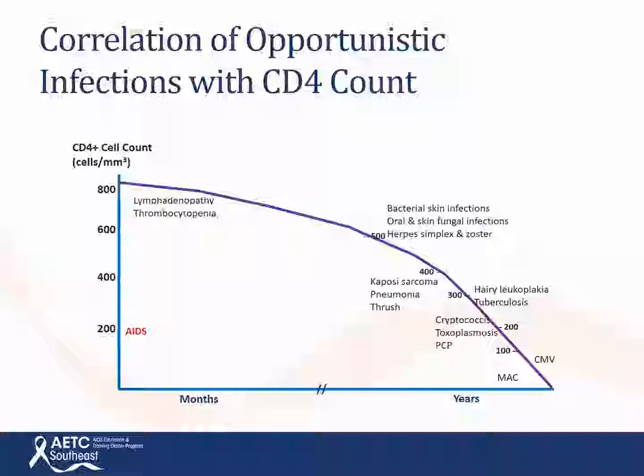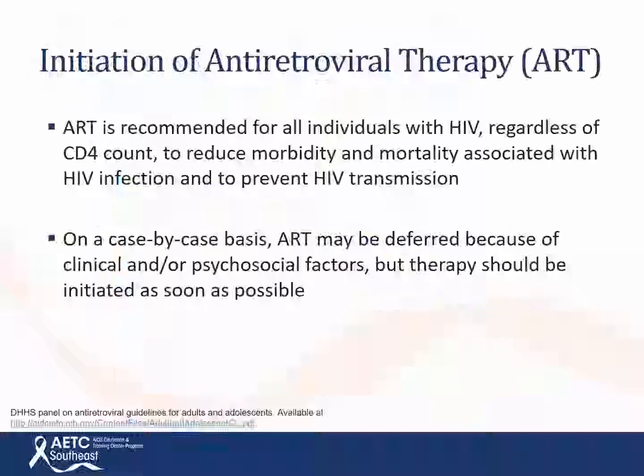As CD4 T cell counts decrease, a person becomes more and more susceptible to opportunistic infections. So you'll see that with a declining immune system, a person becomes more susceptible to thrush, PCP pneumonia, toxoplasmosis, and many others. And as CD4 count continues to decline, a person becomes susceptible to an increasing number of opportunistic infections.